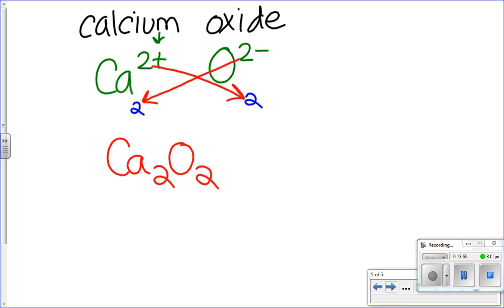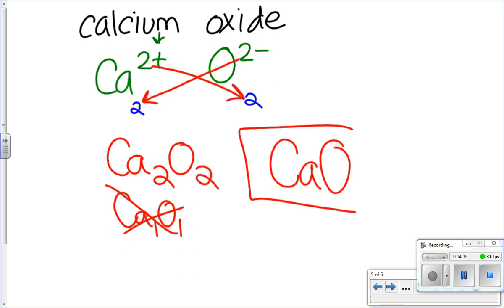If these are the same number, we could divide both of those by 2 and get 1. So this would become Ca1O1, but what do we know about 1s? We don't use them. So when we reduce, the answer is CaO. That is the formula for calcium oxide.